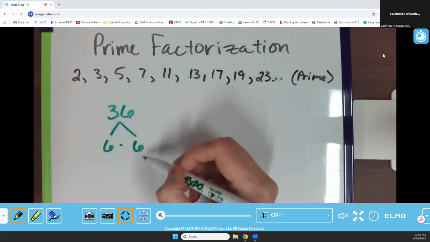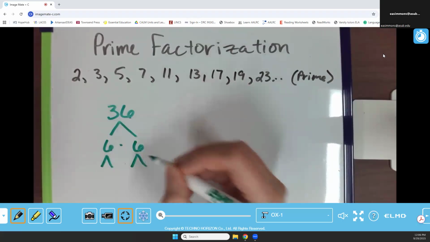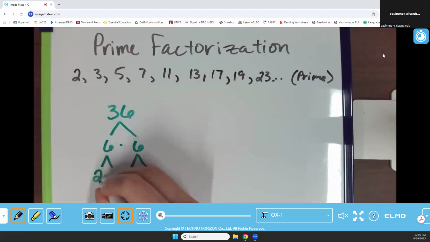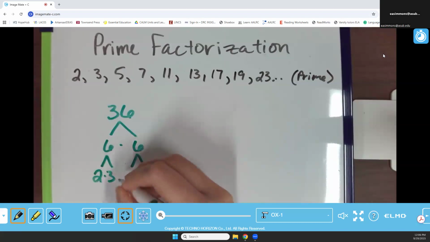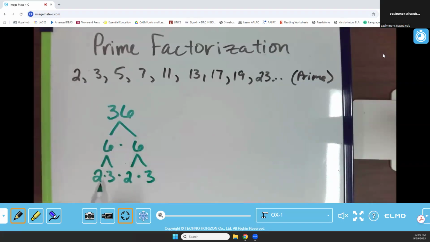Now we're going to take these two numbers and break them down into their prime factors. So 6 breaks down into 2 times 3. And since one 6 does that, then the other 6 does that. And I'm putting multiplication dots in between each number so that I can keep them separate.